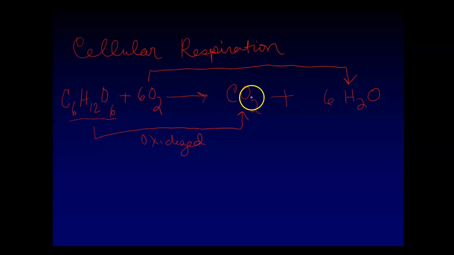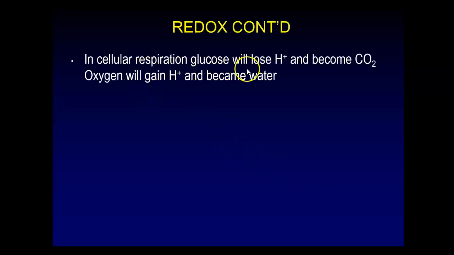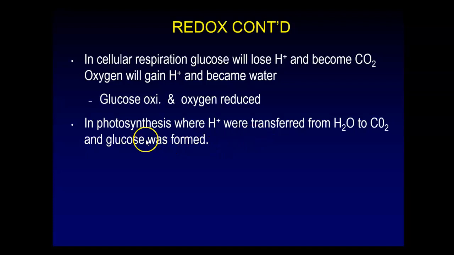Glucose is being oxidized while oxygen gas is being reduced. In cellular respiration, glucose will lose hydrogen ions, as well as those electrons, and become carbon dioxide. Oxygen will gain the hydrogen ions that are being lost, and it will become water. So glucose is being what? Oxidized, while oxygen is being reduced.